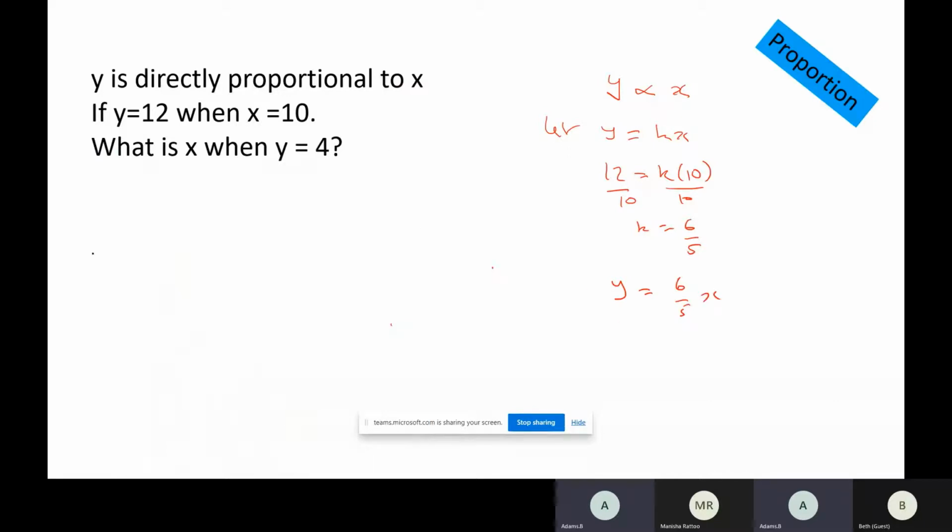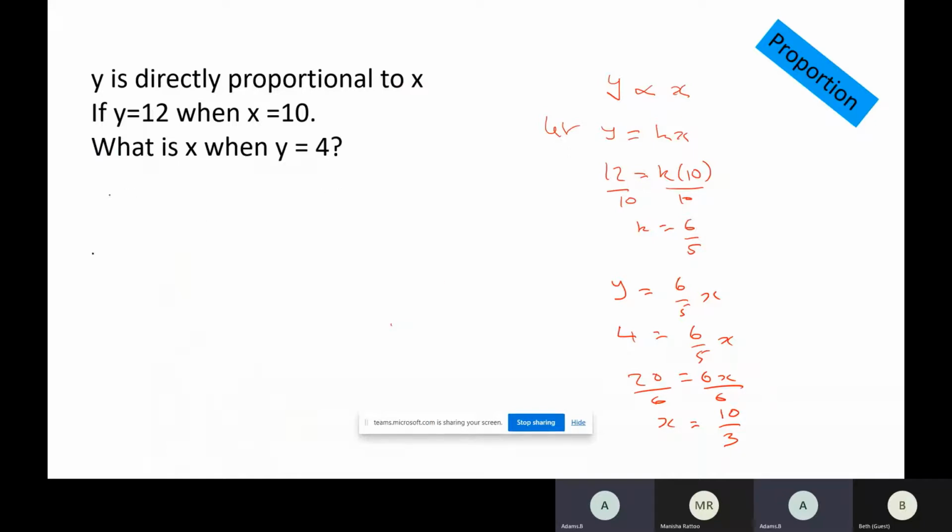We then would put in our point y, so y is equal to 4, which is 6 over 5 x. We times by 5, 20 is equal to 6x, divide by 6, divide by 6. So x is equal to 10 over 3, and we would have our answer. Quite a lot of work, and I personally believe most people will make a mistake.